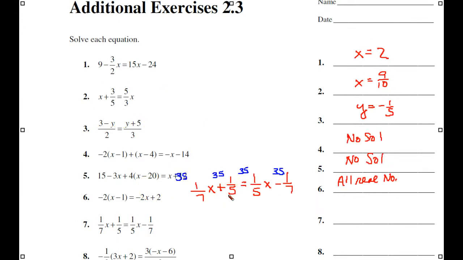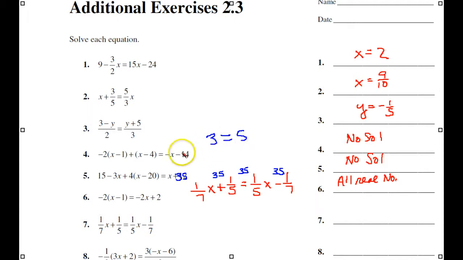Okay, so we moved on. We have put the answers up again for these. Now number 4 is interesting. No solution. What might you get when you get no solution? Well, you would end up with an equation that looked like this. I didn't do it, but this is what it would look like.